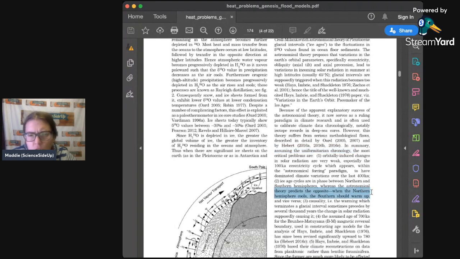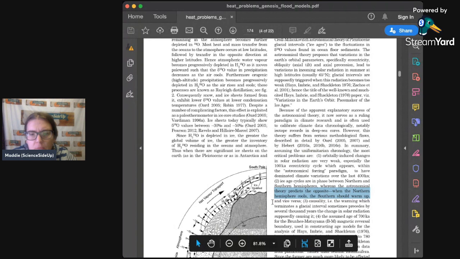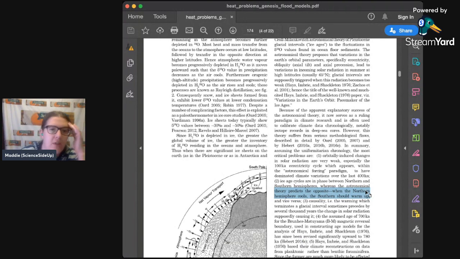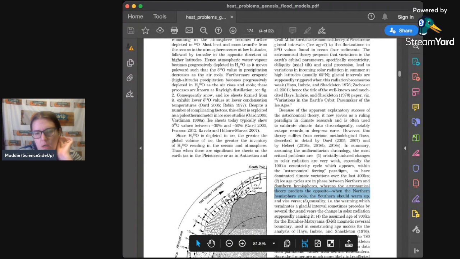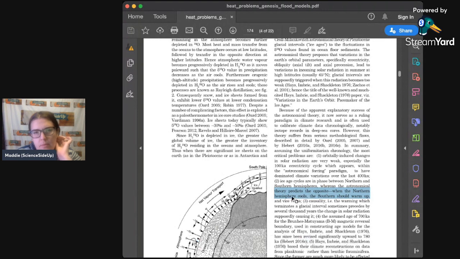I don't think that's true. No, when the northern hemisphere cools, the southern hemisphere should warm up. That's not true. That's not how that works. Because we still have seasons, right? You're still gonna have summer, winter, right? Even in an ice age. It's just less noticeable.